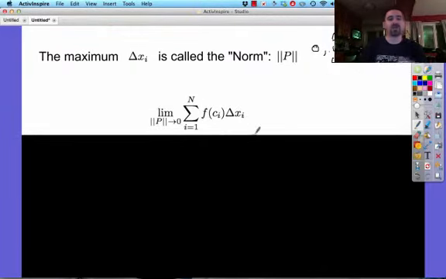So I can write my Riemann sum a different way now. Okay? In the past, what I've said is, okay, let's let the limit as the number of partitions approaches infinity. I'm going to let the limit be the limit as n approaches infinity of this thing here.